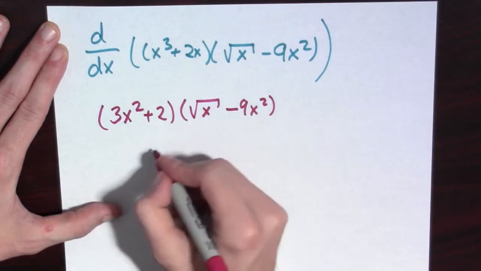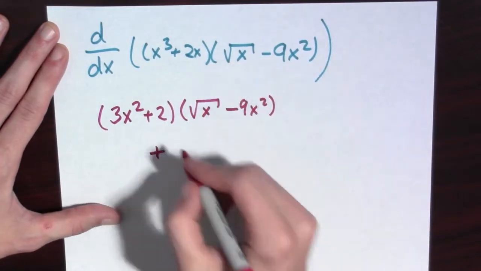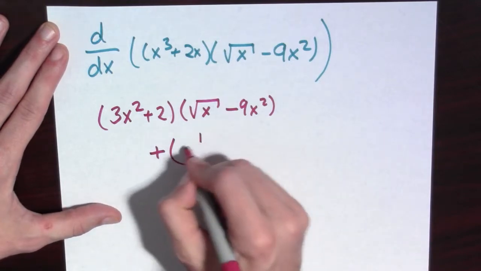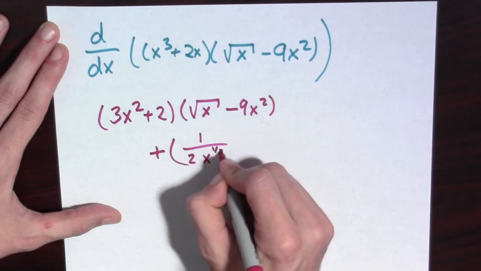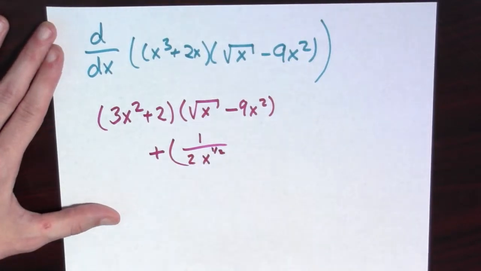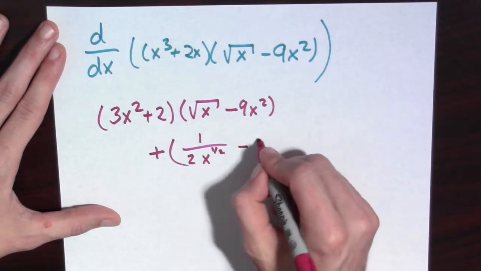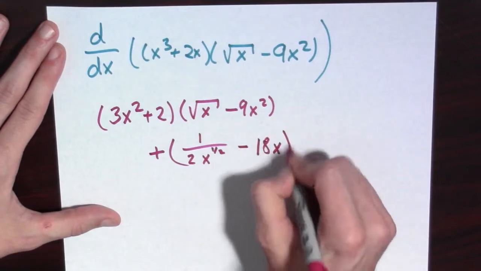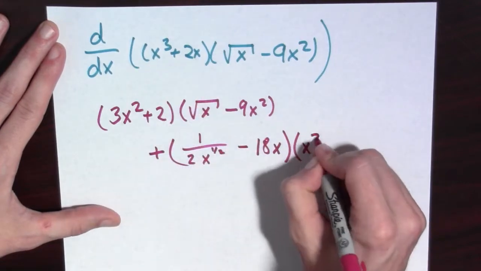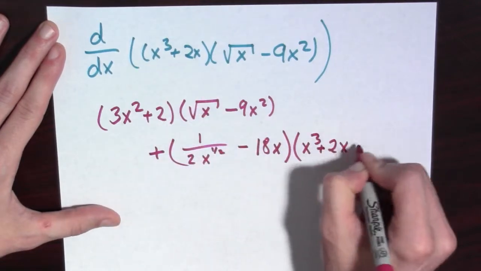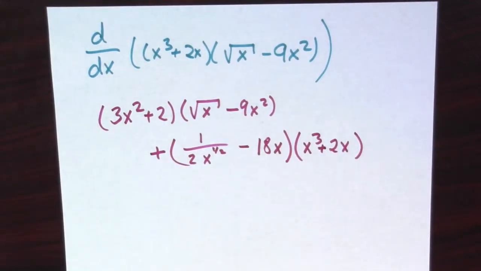Because I'm going to run out of room, I'll put a new line here, plus, now I take the derivative of this term, and since I've done the power rule a lot, I know this is equal to 1 over 2x to the 1/2, and this will be then minus 18x all times this factor, which is going to be x cubed plus 2x. And this is my answer from the product rule.